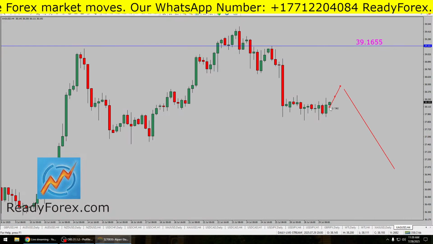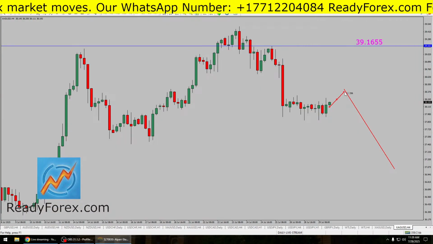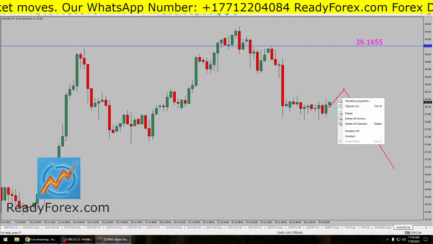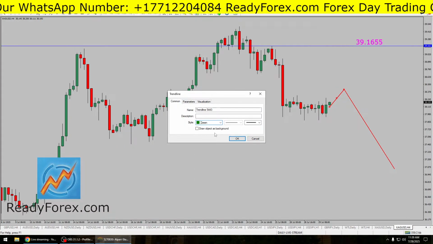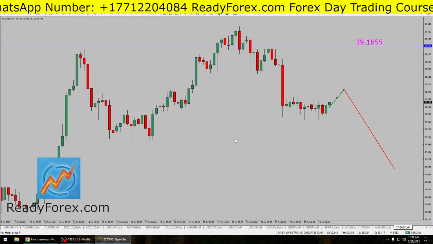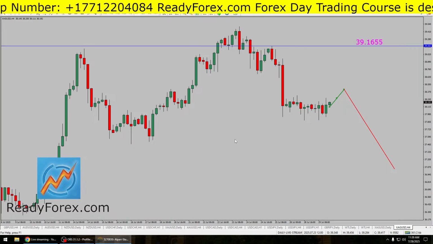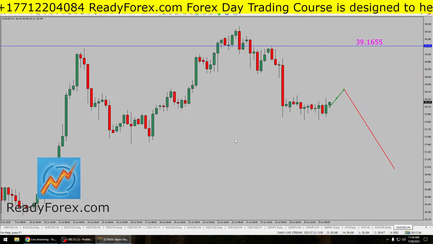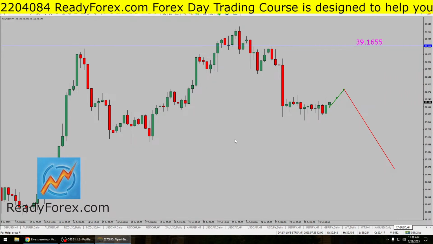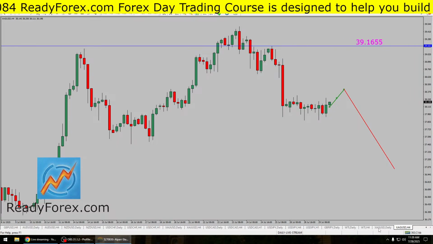Okay, so I'm expecting basically a sideways price action in XAUUSD pair. This is the spot silver. Spot gold is also going to rise up a little bit, but overall it is going to drop over here. Okay, so spot silver forecast is bearish, the trend is bearish.